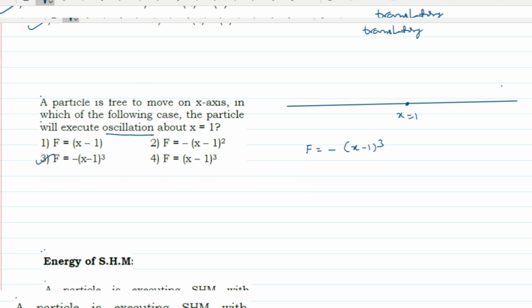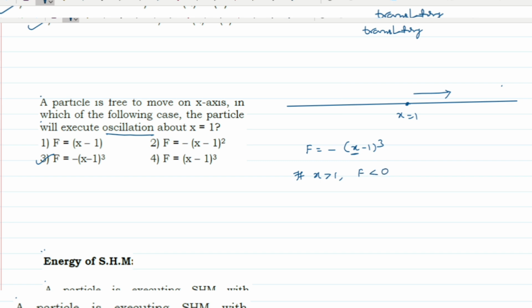Now if the particle is displaced, say if x is greater than 1, then for the force value, if you put a value greater than 1, say 2 minus 1, you will get 1 whole cube, but 1 cubed is 1 and with the minus sign we get a negative value. That means the force value will be less than 0.